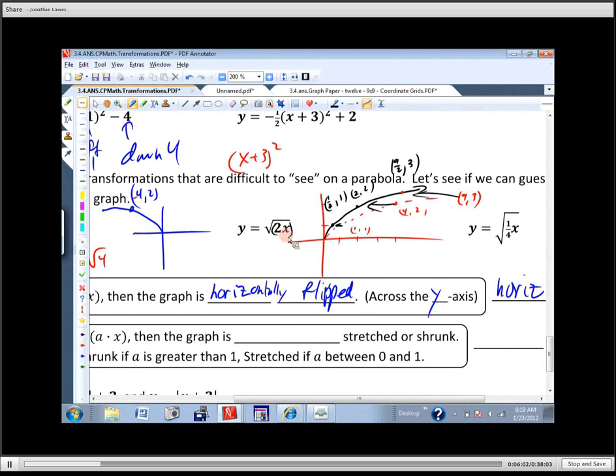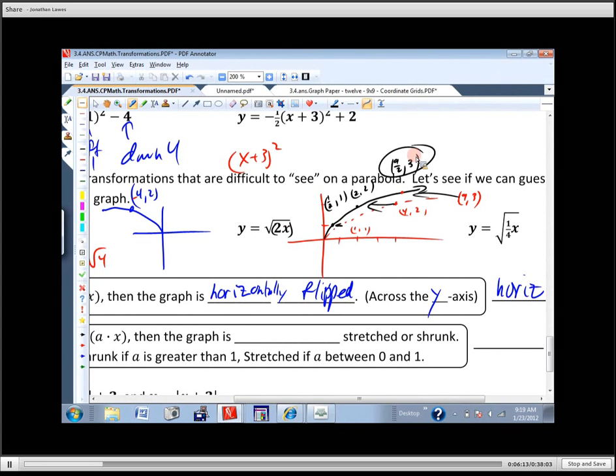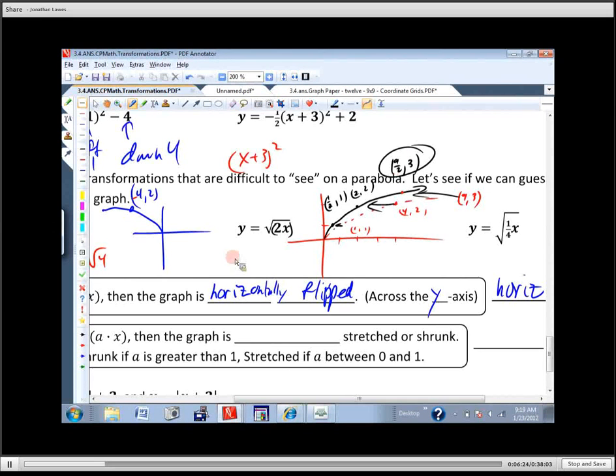All right, now, if this was really true, if I wasn't lying to you, 9/2, 3 is on the graph. Let's just double check and make sure. And this is why it works the way it does. This is why this is a horizontal shrink. If I plug it in, so this would be square root of 2 times something.